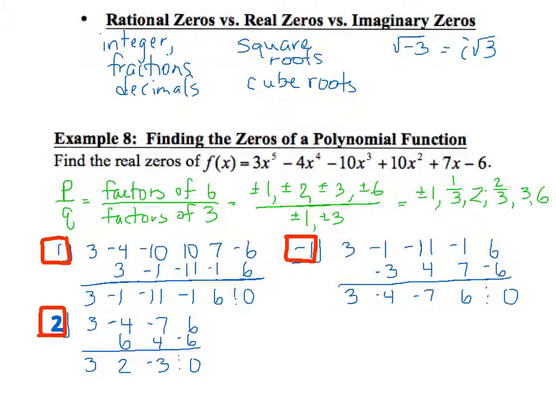So left over, we get 3x squared plus 2x minus 3. What we're going to do is set that equal to 0, because there aren't any factors of -9 that add up to 2.